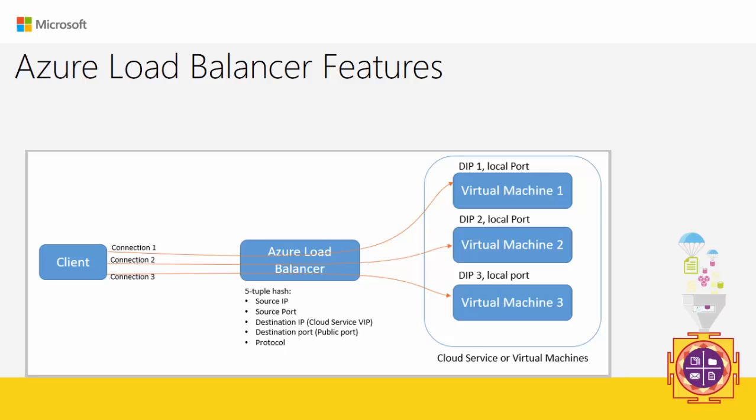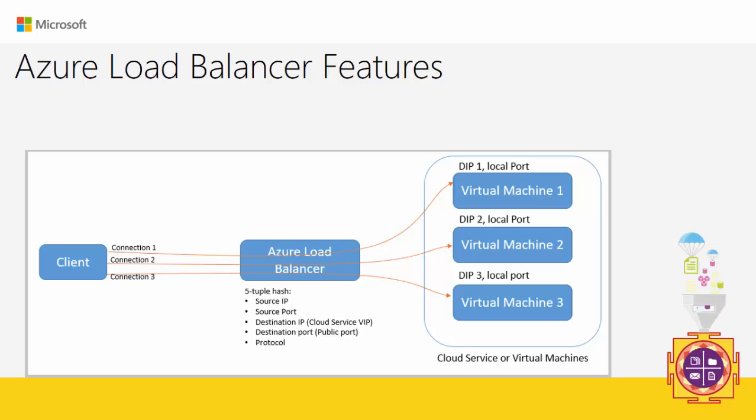In the first phase, you can say connection 1 is built up here. The Azure load balancer basically uses a five-tuple hash to map traffic to available servers. These five tuples include source IP, source port, and destination IP.